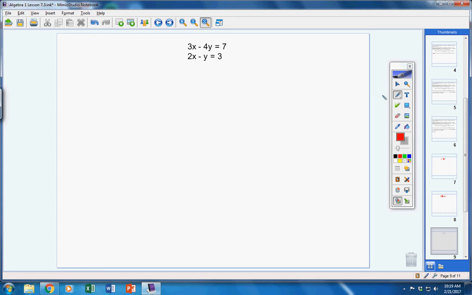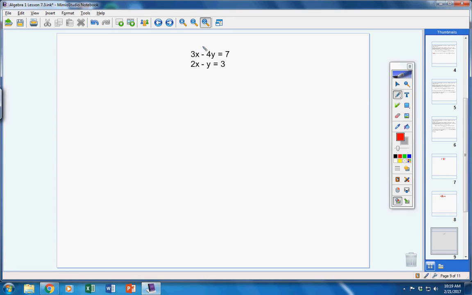But now we have a problem. What if we have a situation like this where nothing cancels out? If I added these two equations together, I would get 5x. That's a negative 4 and a negative 1, so negative 5y equals 10. Look at that. That does not help a bit. Not at all.